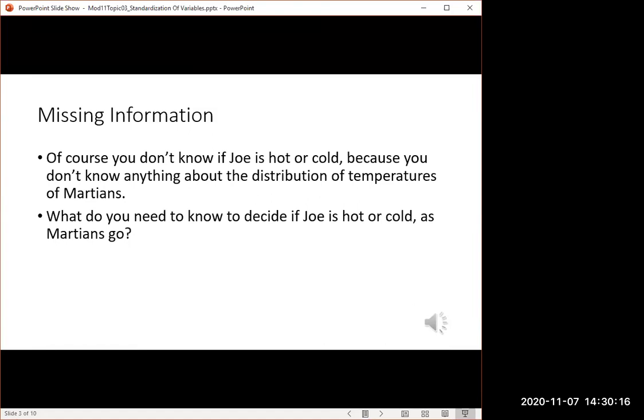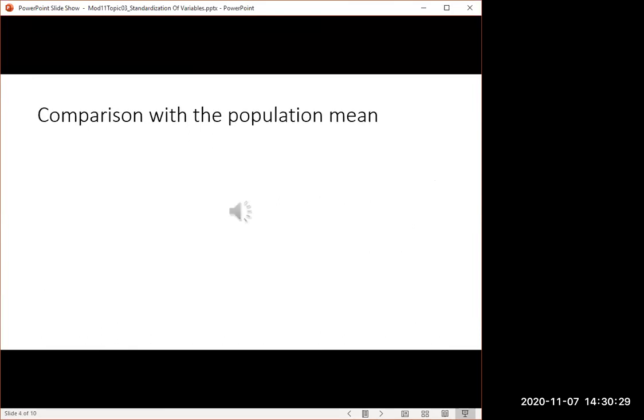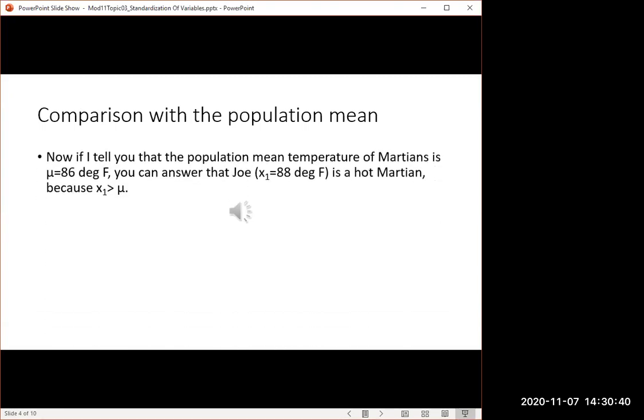You need to know the population mean of the distribution of temperatures of Martians, so you can decide if Joe's temperature is more or less than average. You couldn't tell if Joe was hotter or cooler than average because you didn't know the population mean. But if I tell you that the population mean is 86 degrees Fahrenheit, now you know that Joe's a hot Martian because his temperature is greater than the population mean.